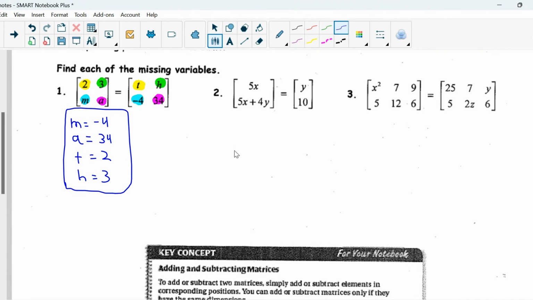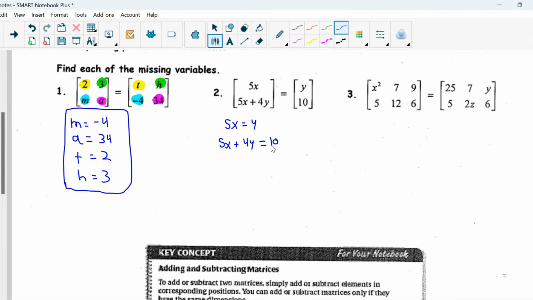Although, sometimes, like in number 2, we have variables in our corresponding elements. If they're equal, we still know that these are equal statements. In our top position here, we have 5x, which is equal to y. And we know that 5x plus 4y is equal to 10.